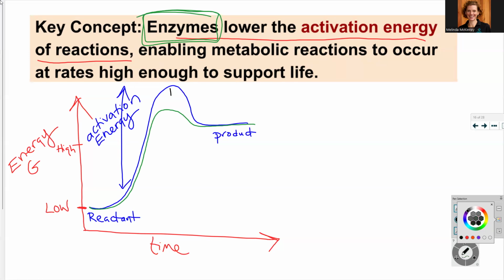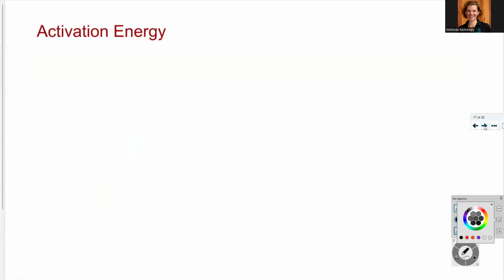So this energy, right, is removed. So it lowers the activation energy. And that difference can make the reaction go from happening 2 times a year to a million times a minute. Okay? So it lowers the activation energy. And again, I just said activation energy is the energy required for the reaction to take place.